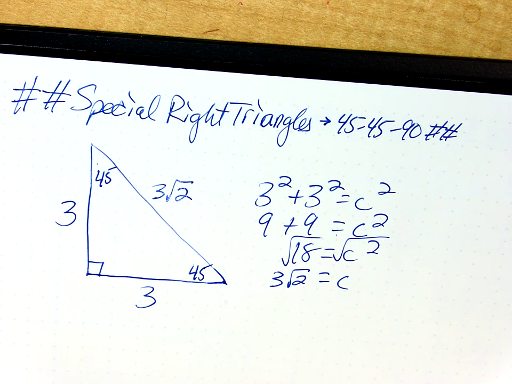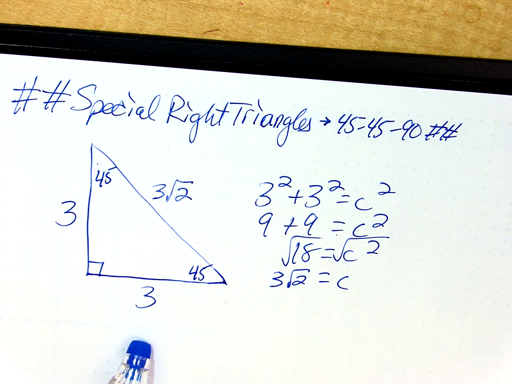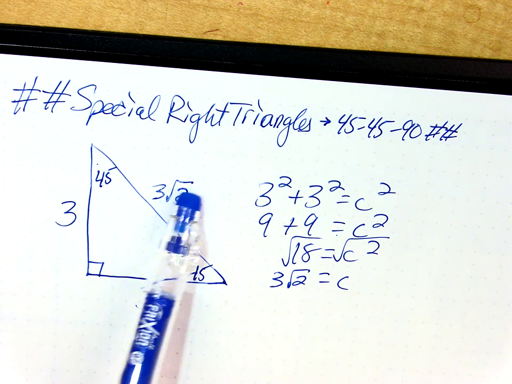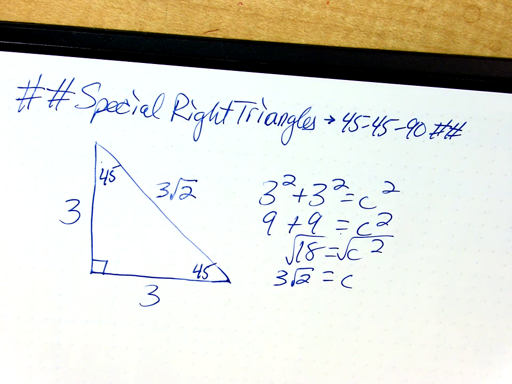So it turns out that this works no matter what these numbers are. It could be 15. You would get 15, 15, 15 root 2. If it was 27, you'd get 27, 27, 27 root 2. Doesn't matter. It's always going to work that way if you have a 45, 45, 90 triangle. Right? It's so cool.